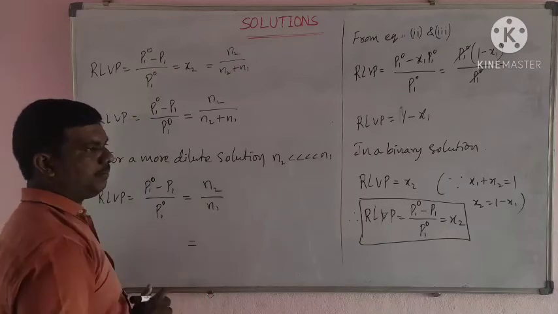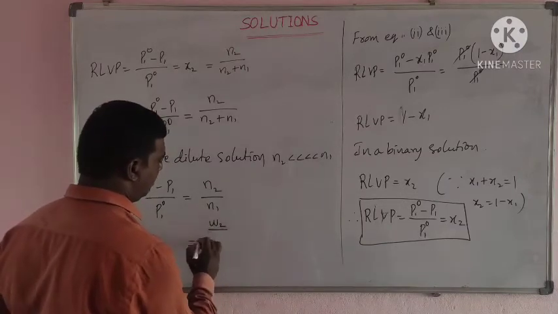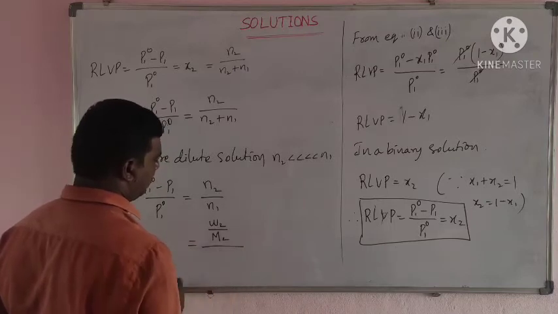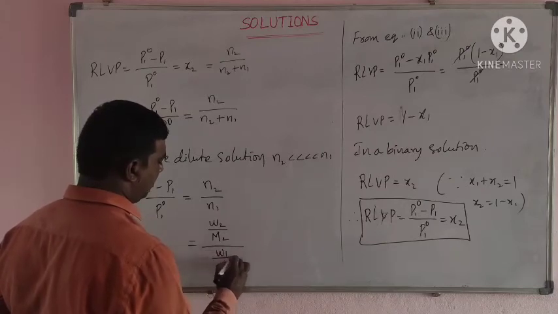Here n2 by n1. n2 means W2 by M2 upon W1 by M1.